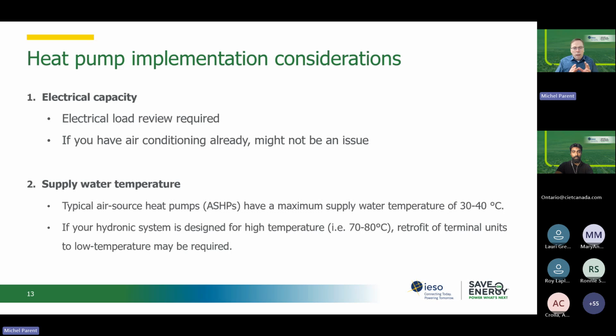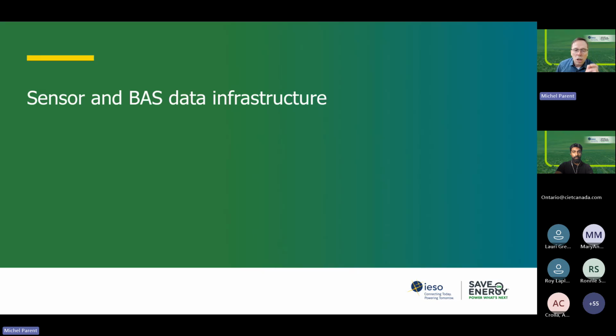That can be the place where the heat pump will fail the test if it cannot provide the temperature that is needed for your building. We'll get back to that, because when you start adjusting your BAS for the heat pumps, this needs to be taken into consideration in great detail to get the best out of your heat pump system.